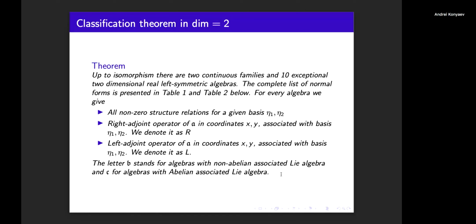The R operator, this is the right action, and the left action operator. I used the terms right adjoint operator and left adjoint operator. I'm sorry, this is a typo. I should have deleted them because I decided not to use this terminology because it is already complicated as it is. So let's go to the list.